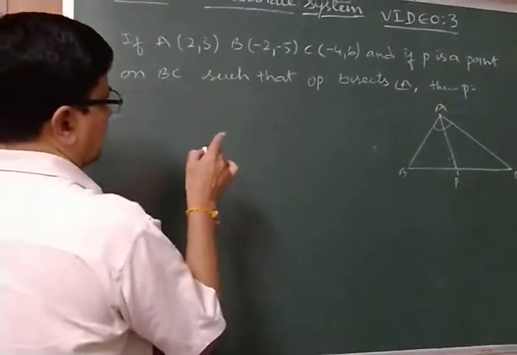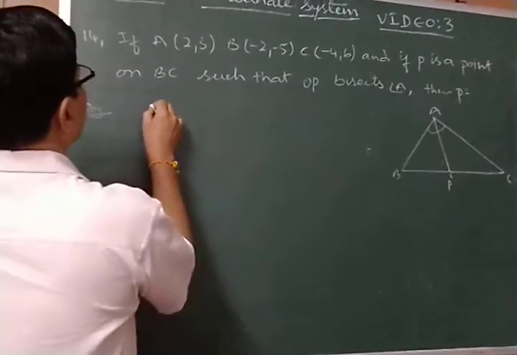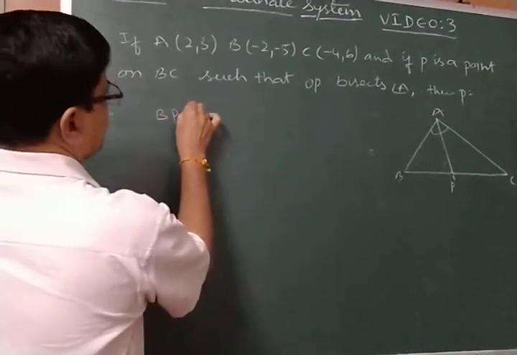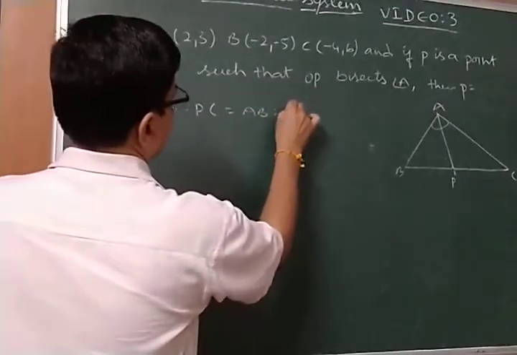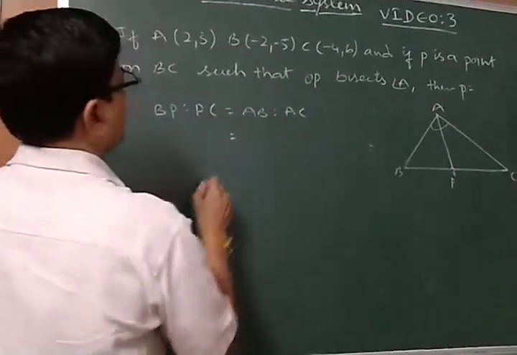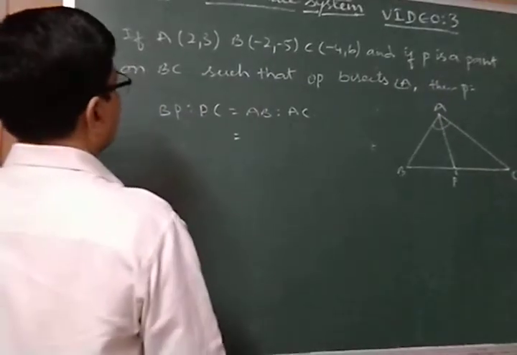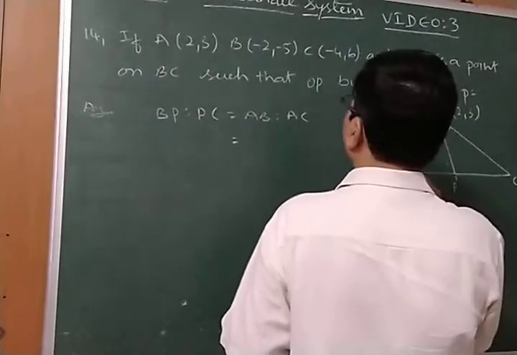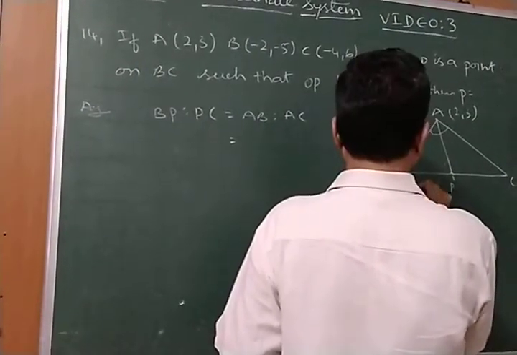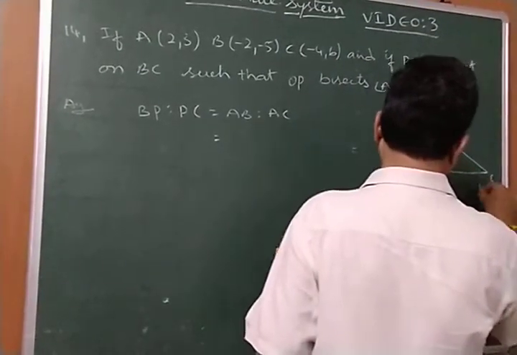The angular bisector of A meets BC at P. From the diagram, BP to PC is equal to AB to AC. A is (2, 3), B is (minus 2, minus 5), C is (minus 4, 6).